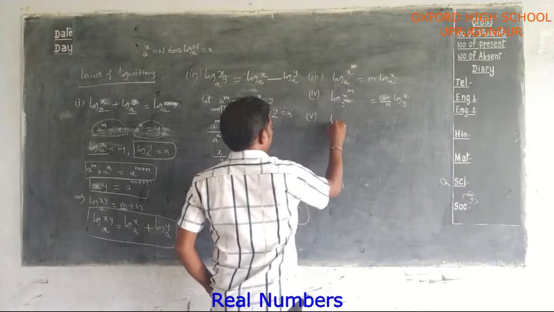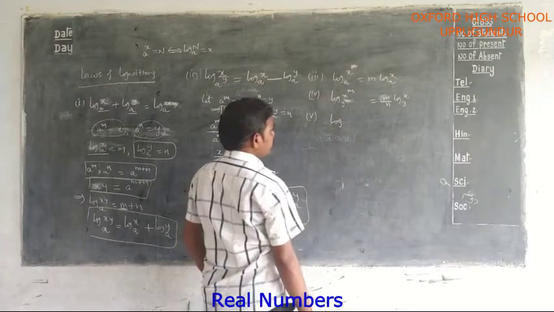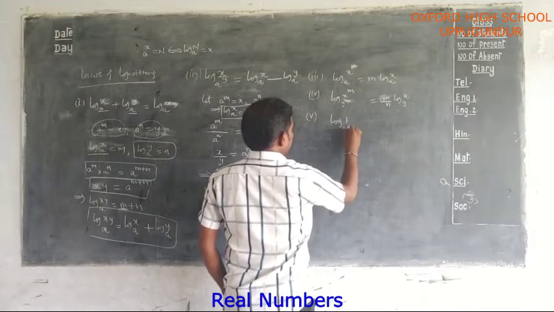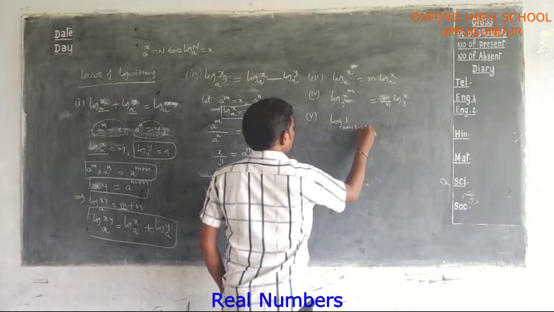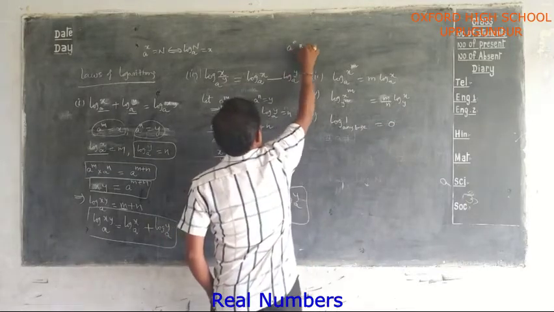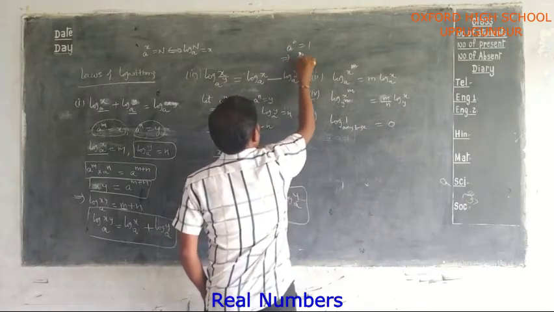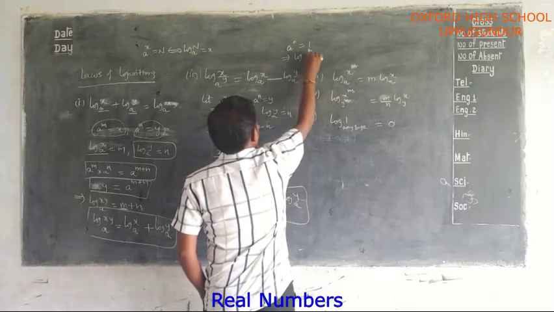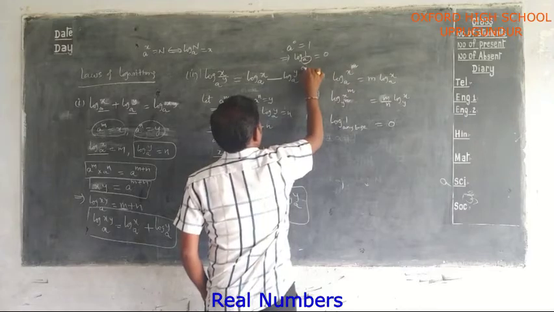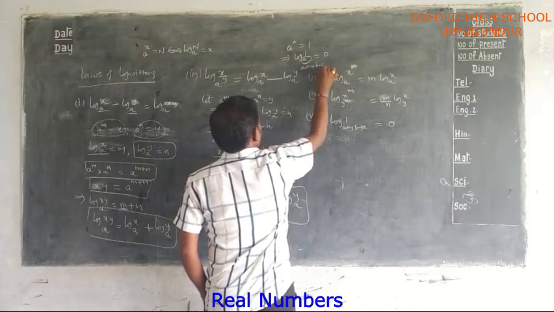Next one, log 1 to any base equal to 0. Why? Because here a power 0 equal to 1. For this exponential form, logarithmic form is log 1 to the base a equal to 0. Here a, you can take any base.